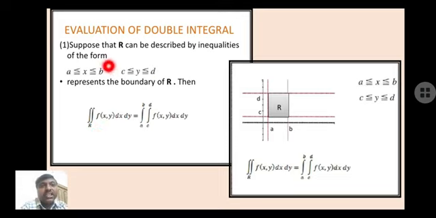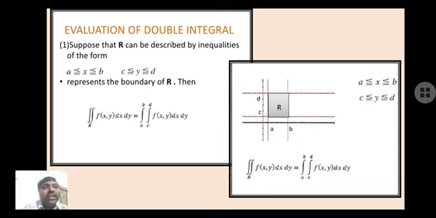Here is the general form of the double integration over the region R, bounded by these inequalities: it can be rewritten as the integral from a to b, integral from c to d, of f(x,y) dx dy. I can explain this in the diagram. This is my region R, and x varies from a to b. That means the lower limit of x is a and the upper limit of x is b, so the region is bounded by the lines x = a and x = b.